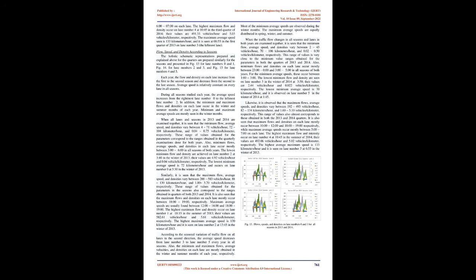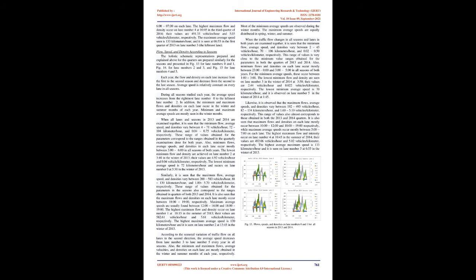Likewise, it is observed that the maximum flows, average speeds, and densities vary between 192-493 vehicles/hour, 82-134 km/hour, and 1.60-5.10 vehicles/kilometer, respectively.